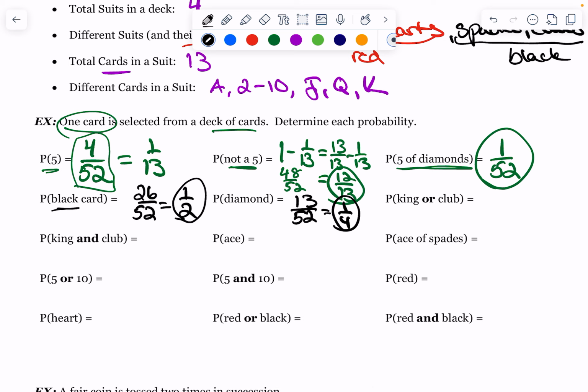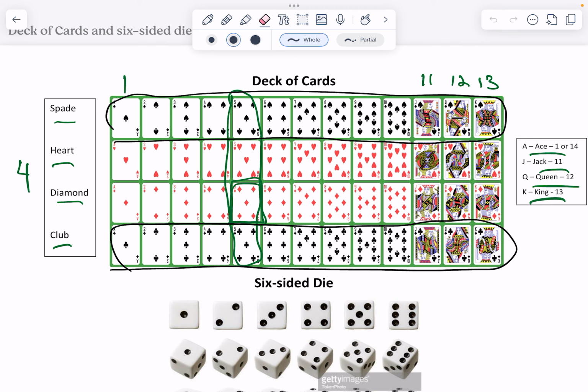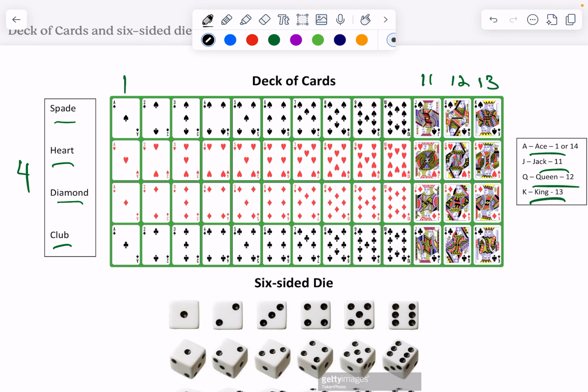Next, it's going to ask us king or club. So if we go back to our card deck here, let me actually erase some of this so that it's a little bit easier. So the question was king or club.